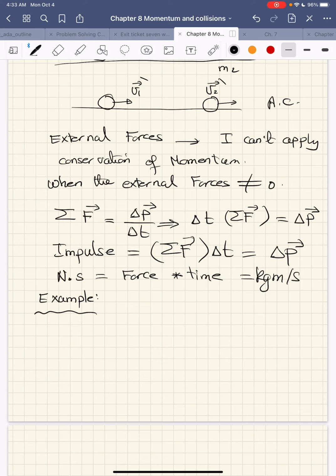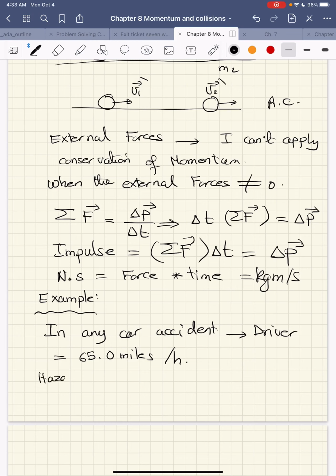Talking about car accidents, then I will say in any car accident, the driver, if I assume a good driver, moving with 65 miles per hour, and if there is a hazard on the road, he or she will stop.